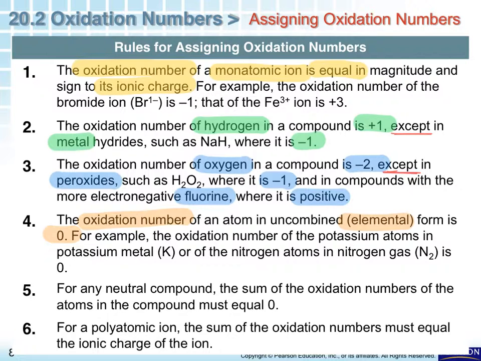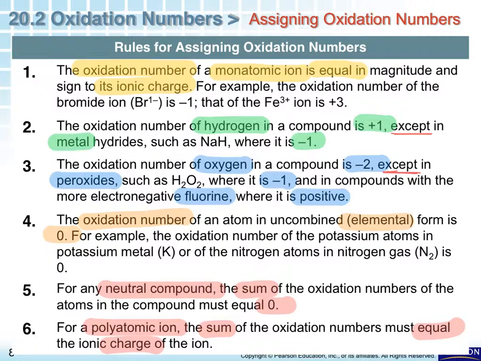In a neutral compound, all of the oxidation numbers add up to 0. If you have a polyatomic ion all by itself, the sum of the oxidation numbers equals the charge of the ion. So if it's neutral, the oxidation numbers add up to 0. If it's a polyatomic ion, the oxidation numbers equal the charge.